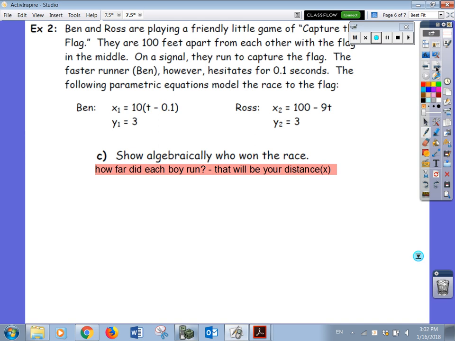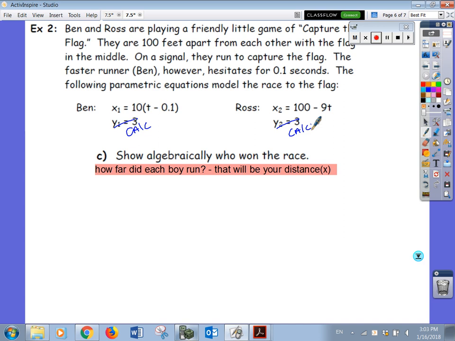All right, so this information up here gives you the situation and then it gives you the two equations. Your homework today will give you the equations too. It'll describe the situation, but then the equations are given to you. And this y1 and y2 really has to do with the calculator part, so we don't have to worry about those when we're solving algebraically.